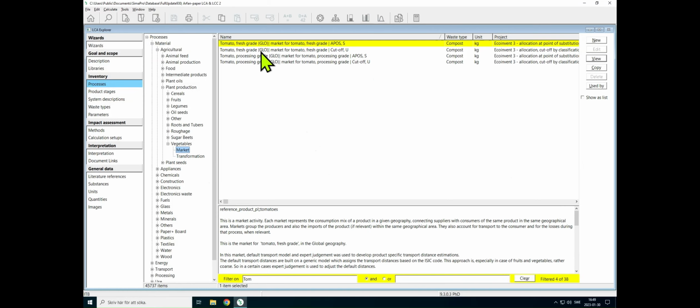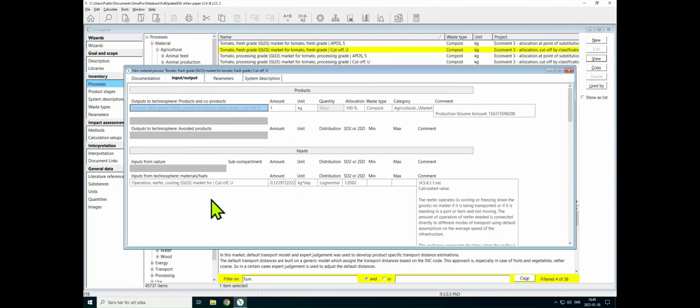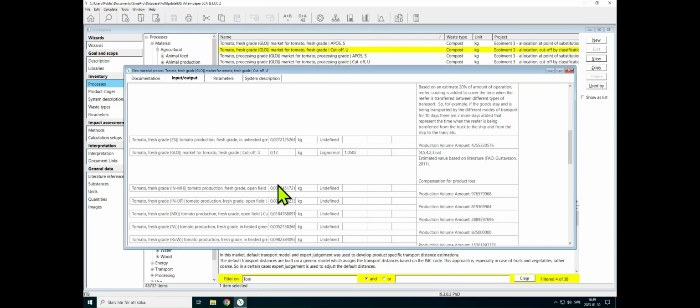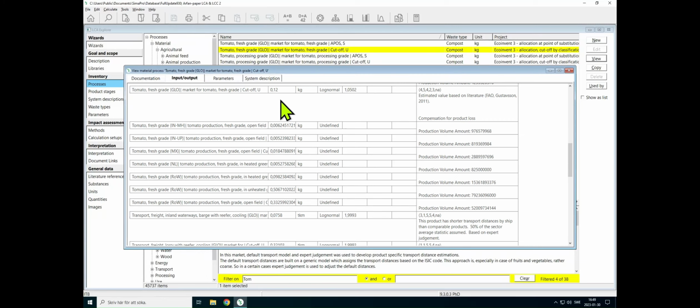If you click on the market process, then it represents a data set that is actually the global market of fresh tomato production. If we click on this unit process, then we find, for 1 kg of global tomatoes, that this 1 kg represents data sets of tomato production in different countries that are contributing to this 1 kg of output of tomatoes in the global market.